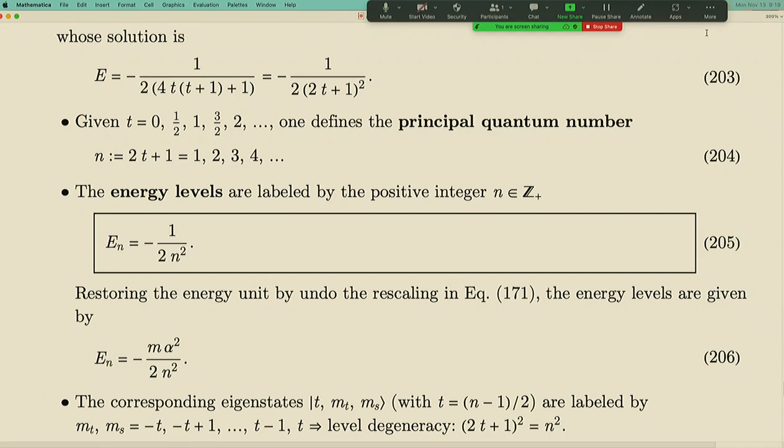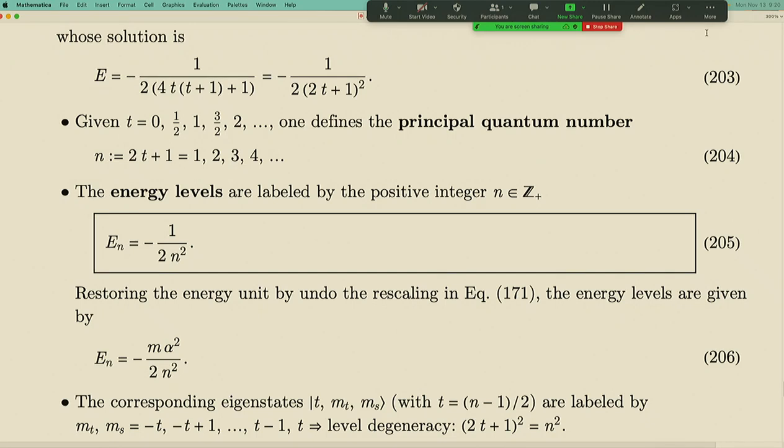We can also restore the energy unit. Remember, we did some rescaling to simplify the problem, so we were actually solving a simpler problem. By doing the rescaling, we got rid of the mass of the electron and also the force constant alpha, which is also called the fine structure constant, which characterizes the strength of the Coulomb interaction. We can restore those units because previously we divided our Hamiltonian by this unit to make it dimensionless.